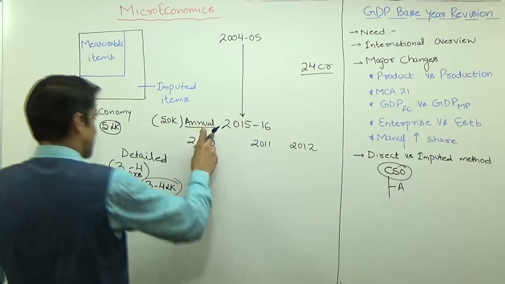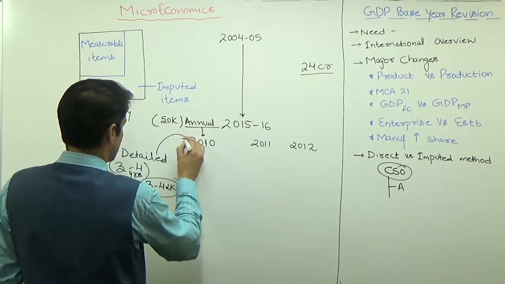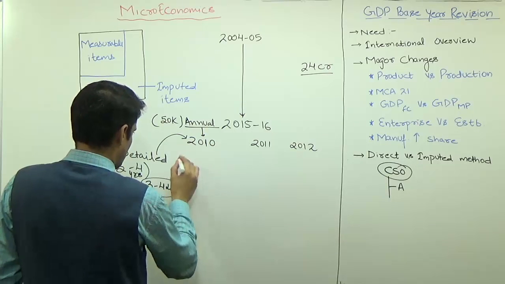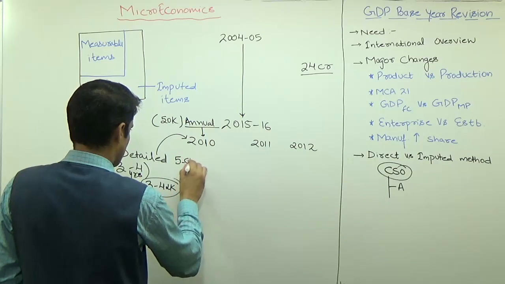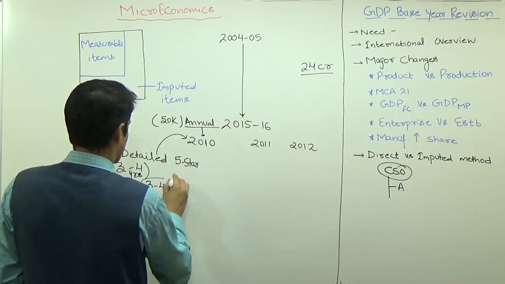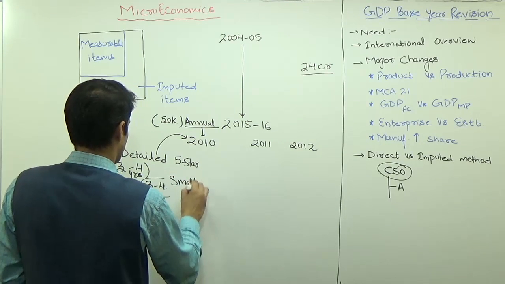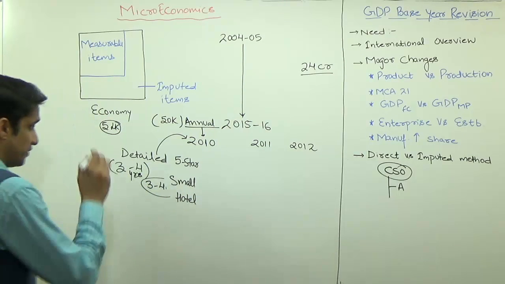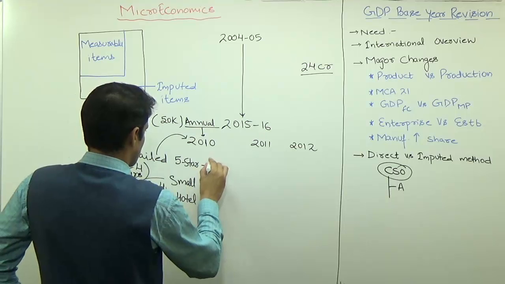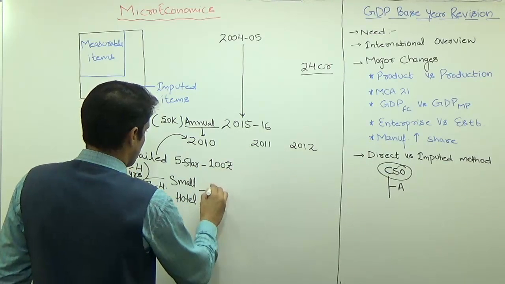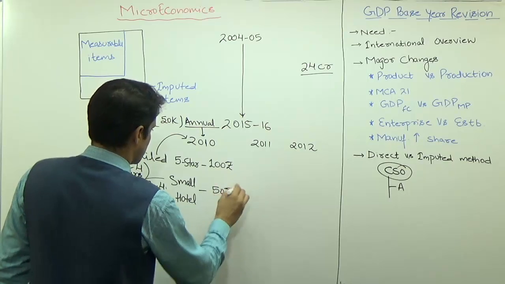In 2010, suppose there was a detailed survey and an annual survey, of course. As per this survey, take the income of a 5-star hotel as well as the income of small hotels. Suppose the income of the 5-star hotel in 2010 was 100 rupees, and for all the small hotels it was 50 rupees.